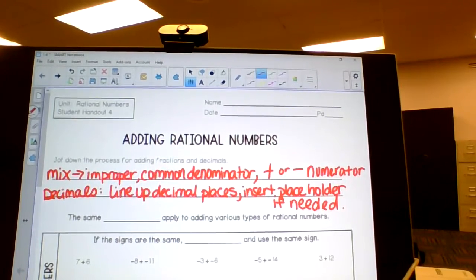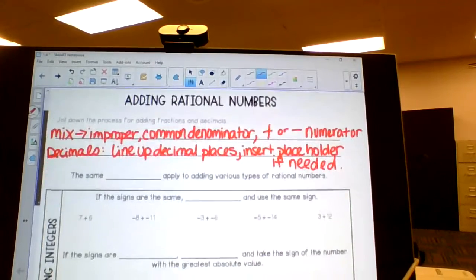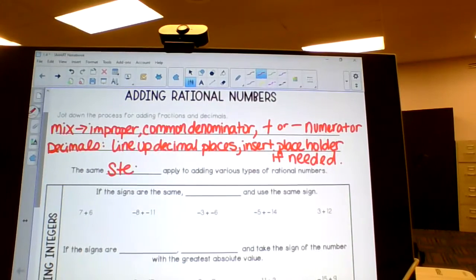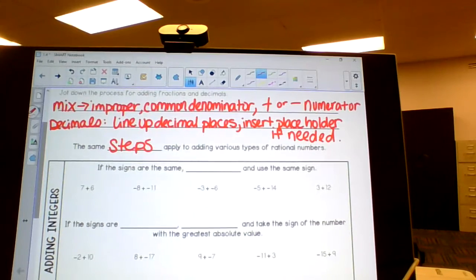So that's what I was saying right here. The same steps apply to adding various types of rational numbers. Right? So, our rules that we were just saying. If the signs are the same, we add and keep.